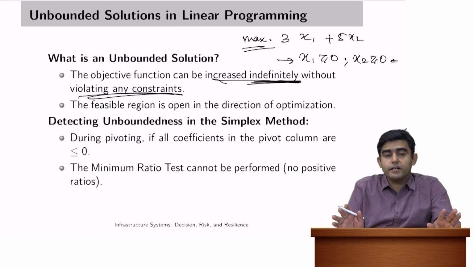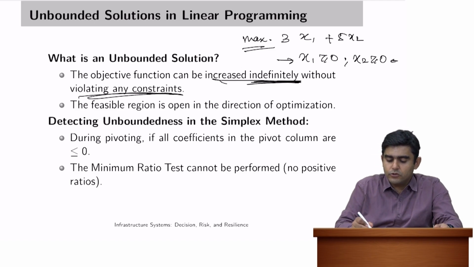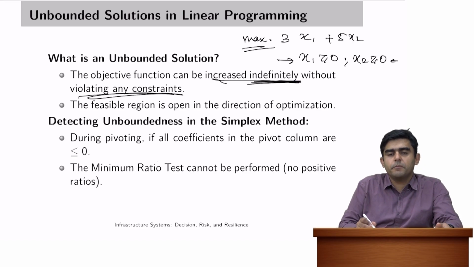So understand that unboundedness means not limiting your objective function to grow if it's a maximization problem, or diminish if it's a minimization problem. What happens is that we detect unboundedness when all coefficients in the pivot column are less than or equal to 0, because then you cannot do the minimum ratio test.